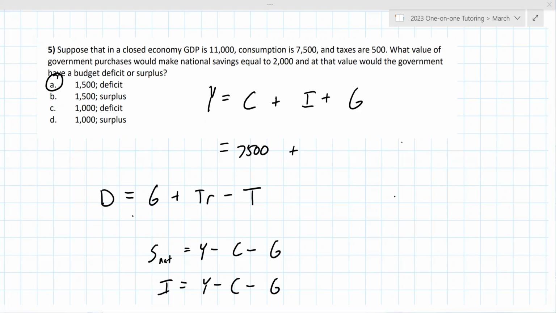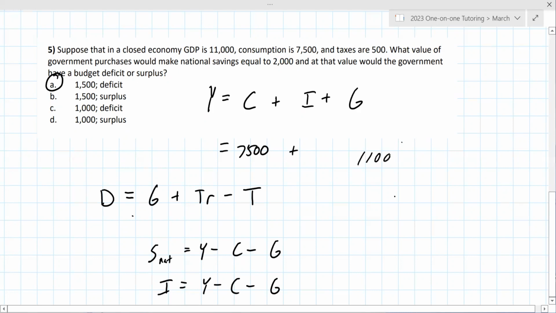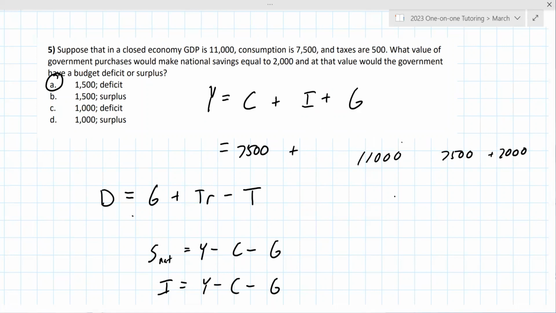The only way to get to 1,500 is to use 11,000, 7,500, and the 2,000. That's the only way to get to a shortage of 1,500. But I don't know why that is. I don't like that.